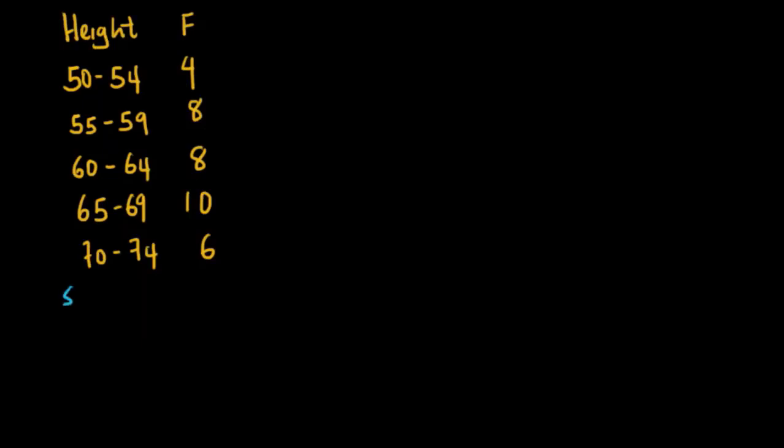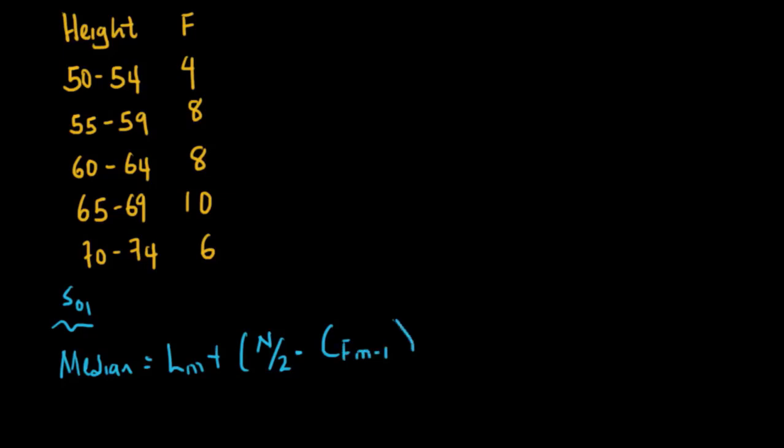So median equals the lower class boundary of the median class plus n over 2 minus cumulative frequency of the class before the median class, all over frequency of the median class, times the width.